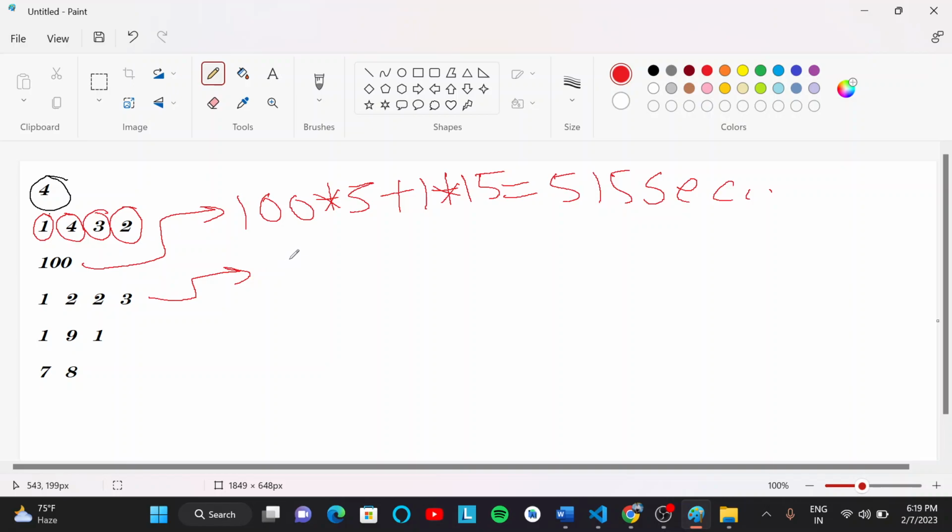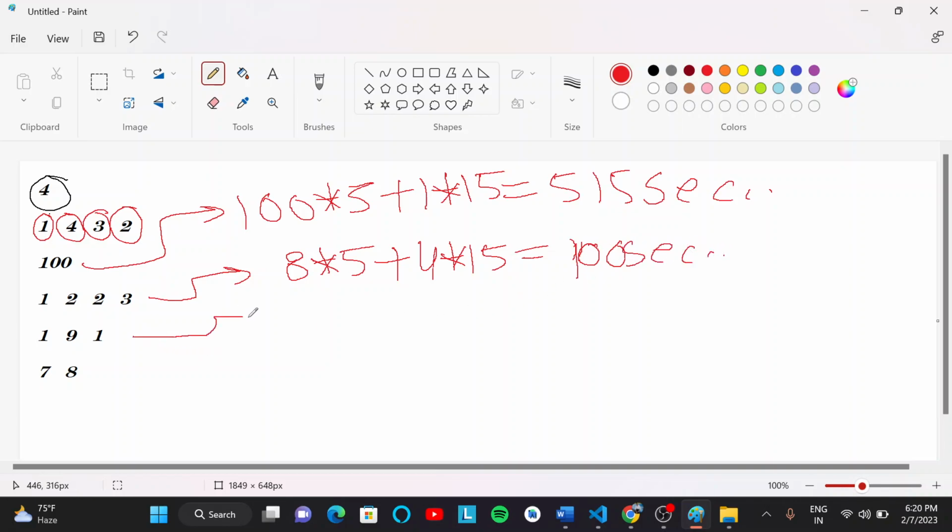So the total number of products is 8, multiplied by 5, plus 4 persons, and each person consumes 15 seconds. So 4 multiplied by 15, so this is 100 seconds.